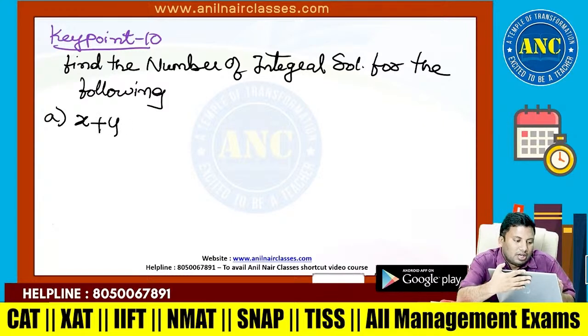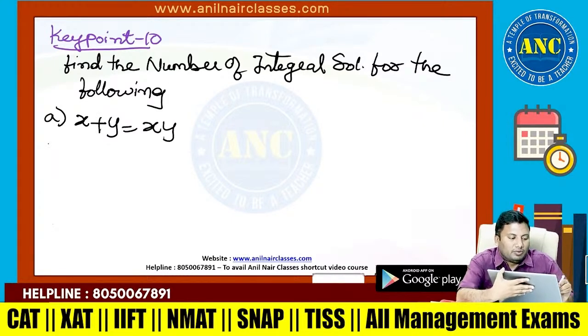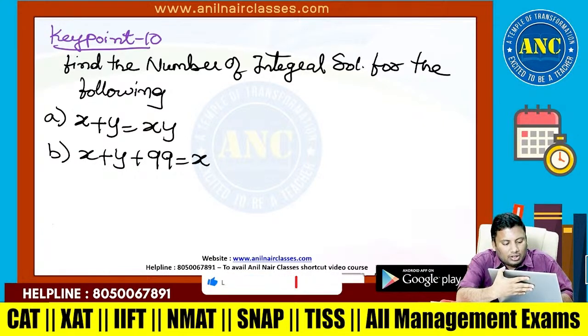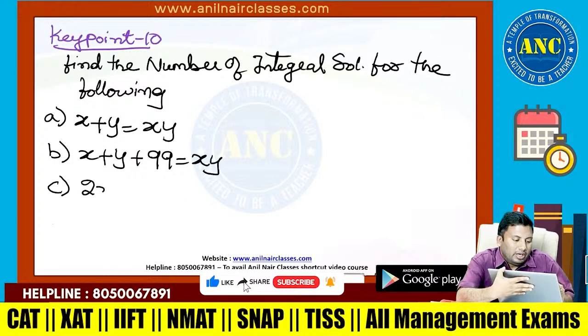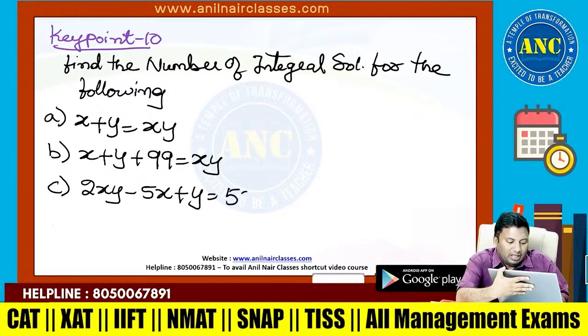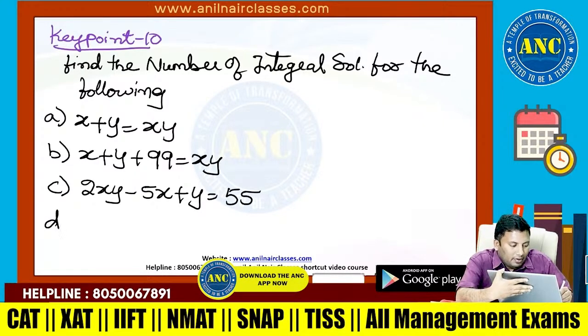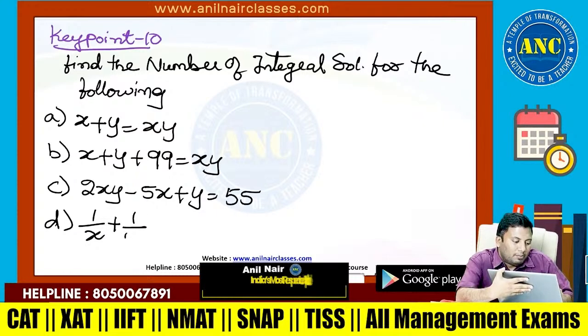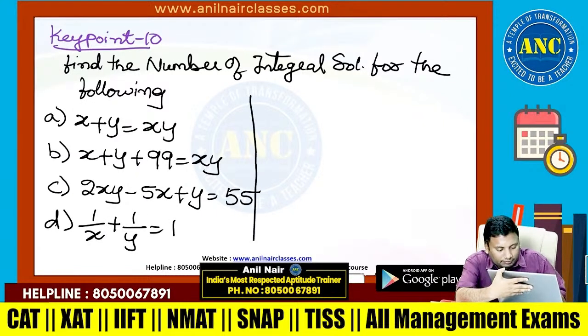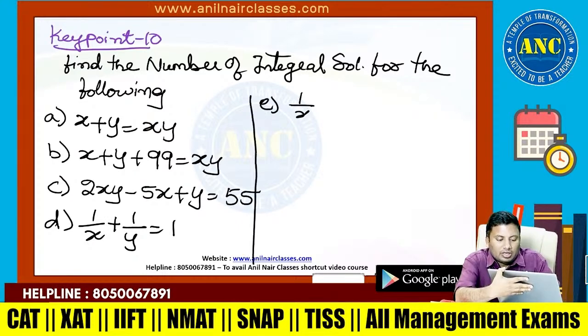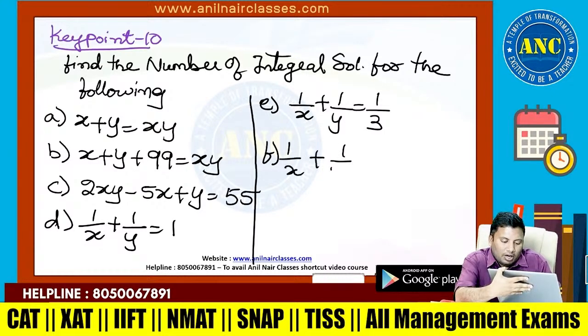Write down these questions. X plus y equivalent to xy. X plus y plus 99 equivalent to xy. 2xy minus 5x plus y equivalent to 55. D. 1 by x plus 1 by y equivalent to 1. 1 by x plus 1 by y equivalent to 1 by 3. 1 by x plus 1 by y equivalent to 1 by 12.